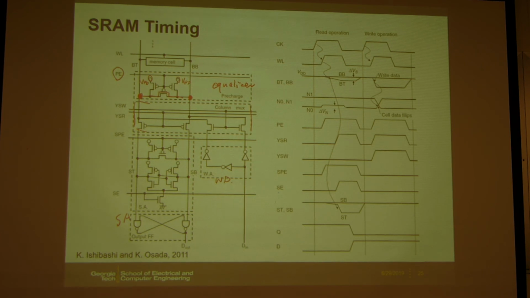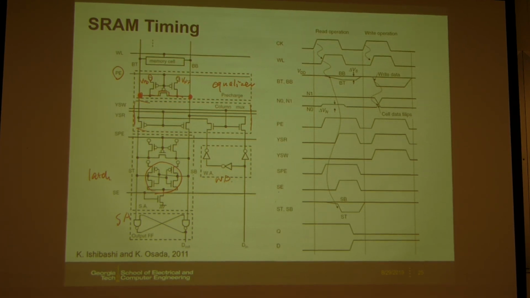And then the sense amp here is a latch-based sense amp. Latch-based. So actually it's very similar to the SRAM. This is the core of the sense amp. So you still have that coupled inverter, and the coupled inverter is controlled by this transistor.